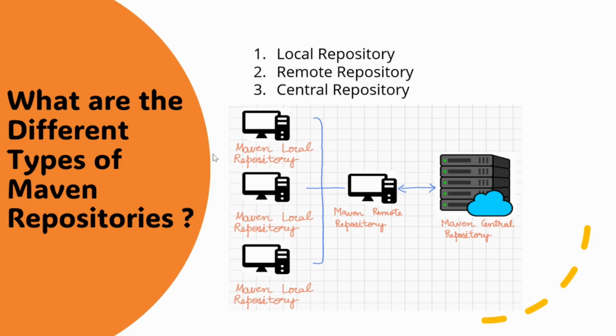And the last one is the central repository. The central repository refers to the Maven community that comes into action when there is a need for the dependencies. And those dependencies cannot be found in the local repository. Maven downloads the dependencies from here in the local repository whenever needed.